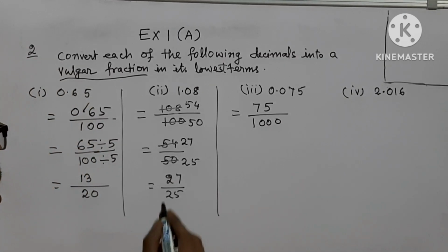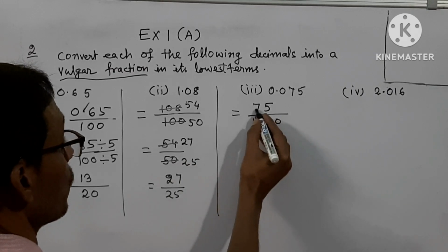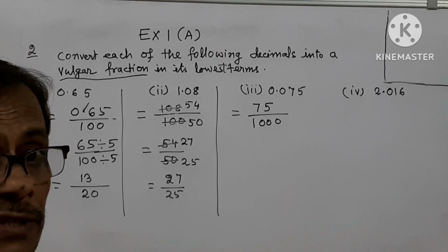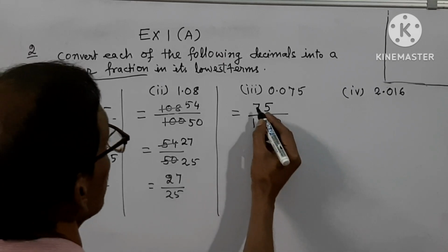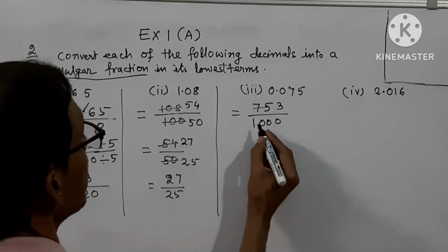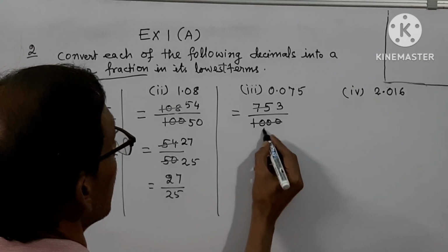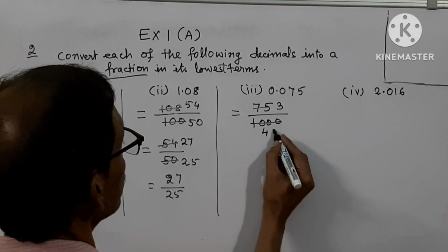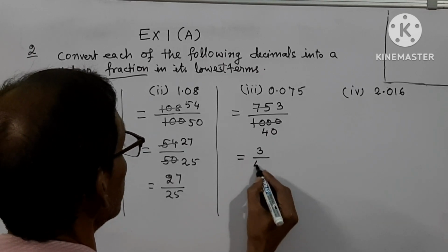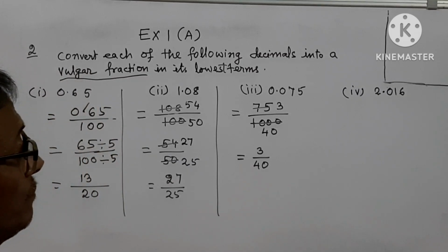Now we know that 75 and 1000 are divisible by 25. Then 25 3s are 75 and 25 40s are 1000. That means 3 by 40 is your answer.